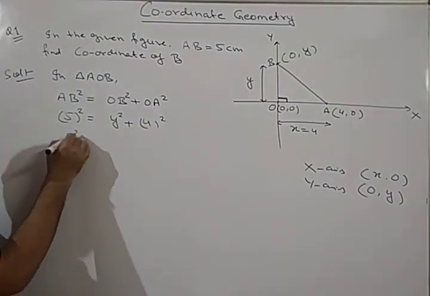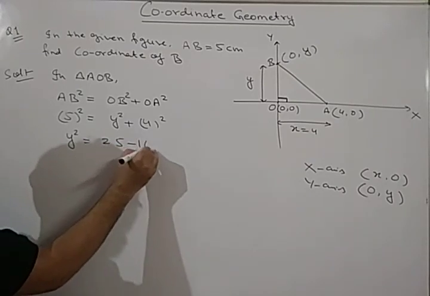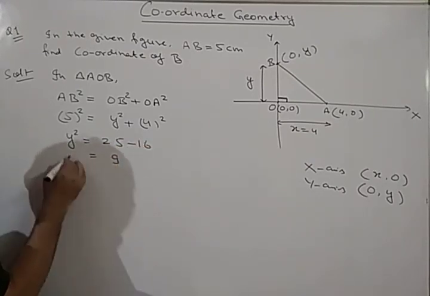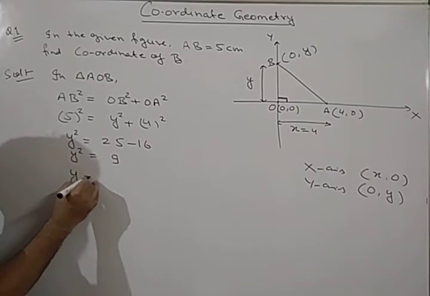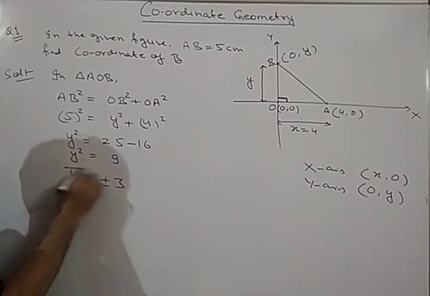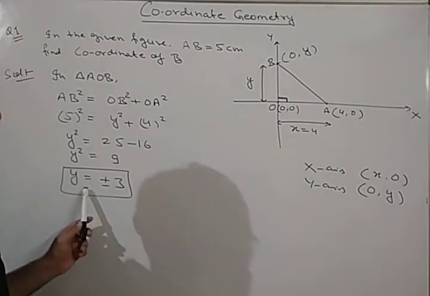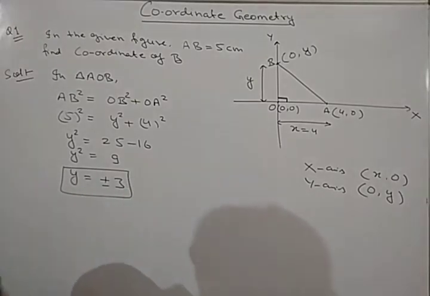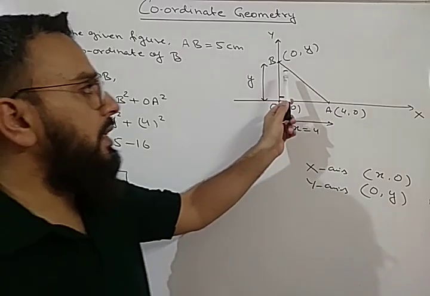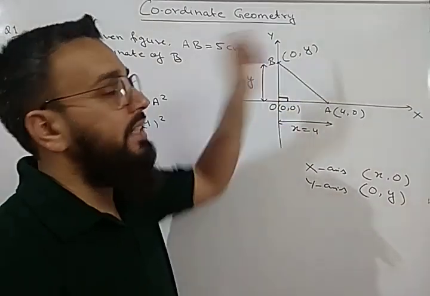So we can find y square is equal to 25 minus 16. That will be 9. y square is equal to 9, or y will be equal to plus minus 3. So there will be two values of y, plus and minus 3. But if we see our figure, the point B is lying on the positive y-axis.